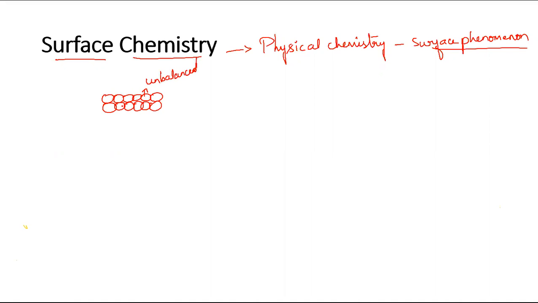The gaps between these molecules are called voids, that you have studied in your first chapter. In order to satisfy this unsaturation or unbalanced force, the surface attracts gas molecules or liquid. So that's why the surface phenomenon takes place. In order to balance the unbalanced force, it attracts the gases or liquids present in the surroundings to fill its gaps.